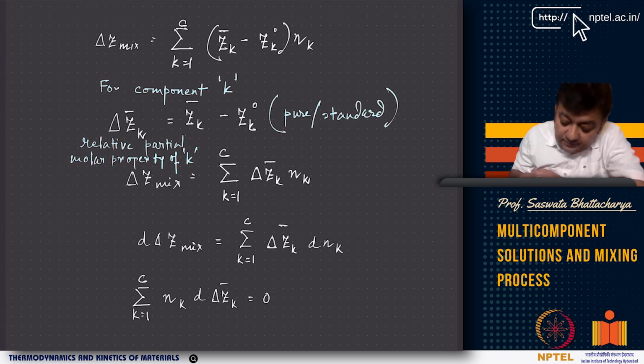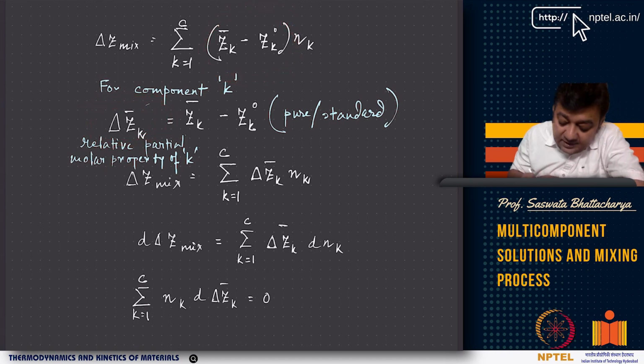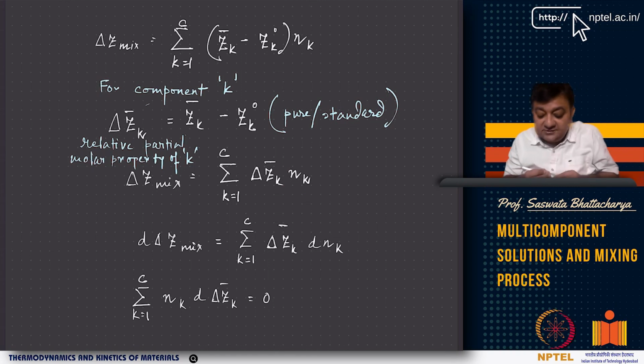Now, therefore, delta Z mix, which is basically the sum of this, delta Zk bar. So here, instead of this, I am writing this directly as delta Zk bar. So delta Z mix is delta Zk bar multiplied by Nk and summed over all components.